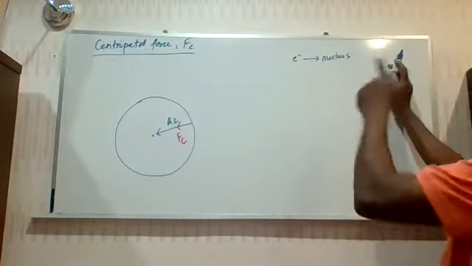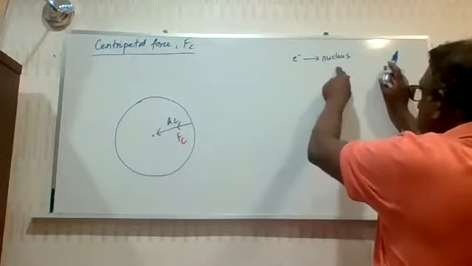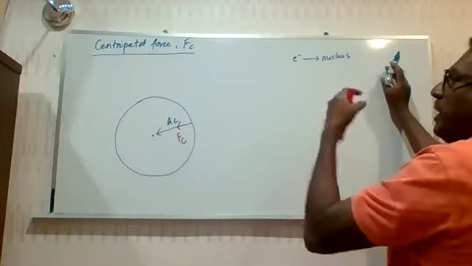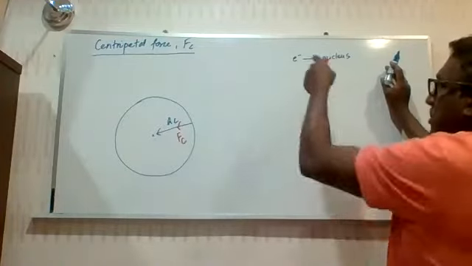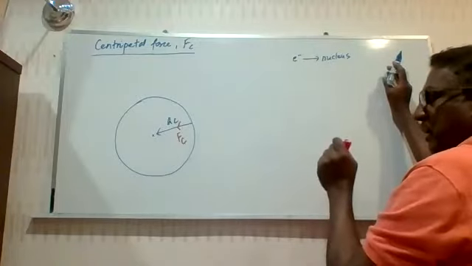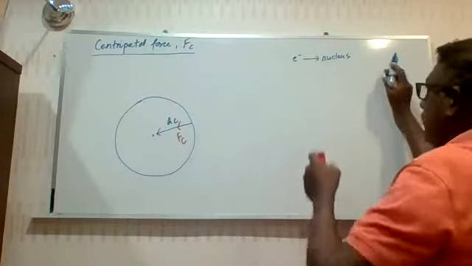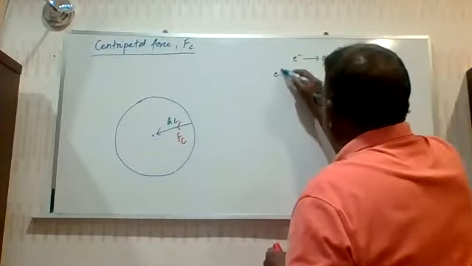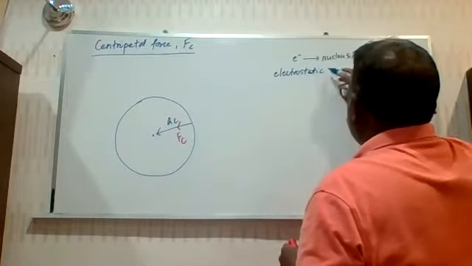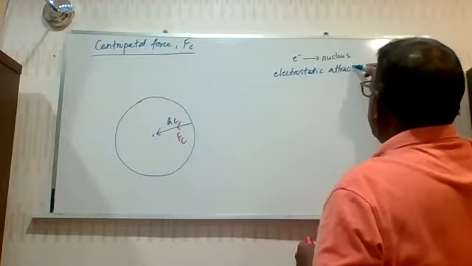What causes the electron to move around the nucleus? If you say the centripetal force causes that, you're only giving me the general concept because it's circular motion. If I say name the force, I'm actually asking for a specific force. So here it will be the electrostatic attractive force.